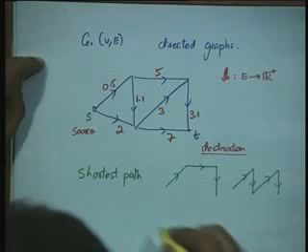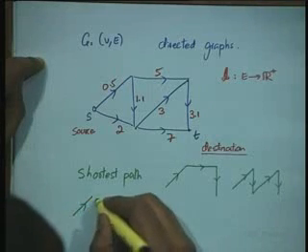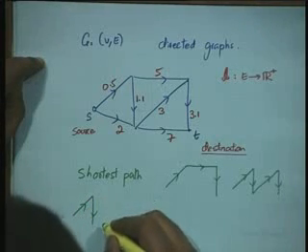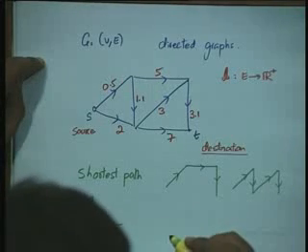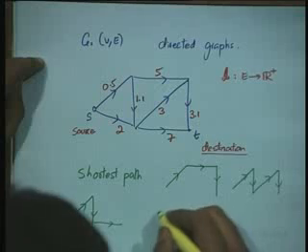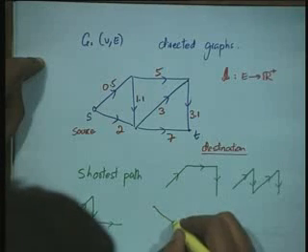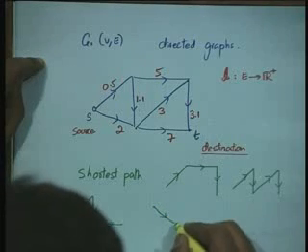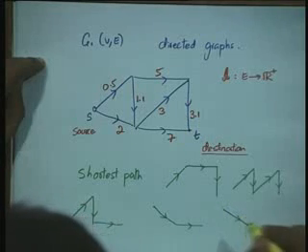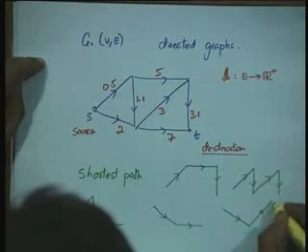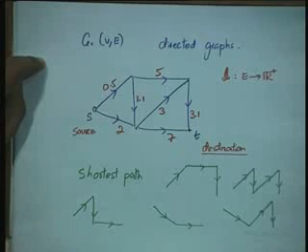This is the second option. The third option is that I go like this, come down, I go straight. The fourth option is that I go 2 and then 7, and then one other option is this, this and this.